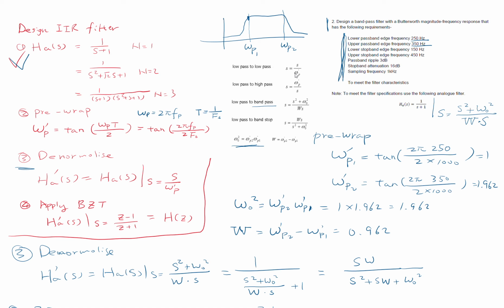Then you calculate the pre-warped frequency using this equation here. Then you plug it into H of S, and you have H hat of S. The final step is to replace S with Z minus 1 over Z plus 1 to bring it to the Z domain. Then you can find the coefficients to implement it in the digital circuit. All right, so that's the whole process.